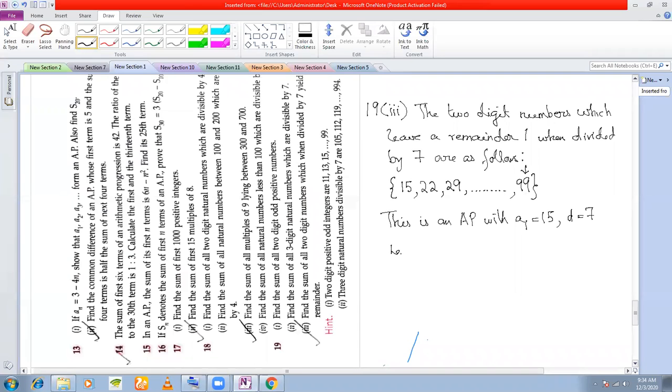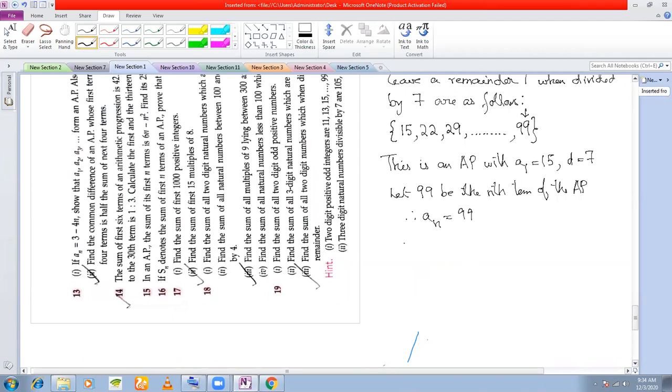So I say let 99 be the nth term of the AP. Therefore, an is equal to 99. a1 plus n minus 1 into d is equal to 99.